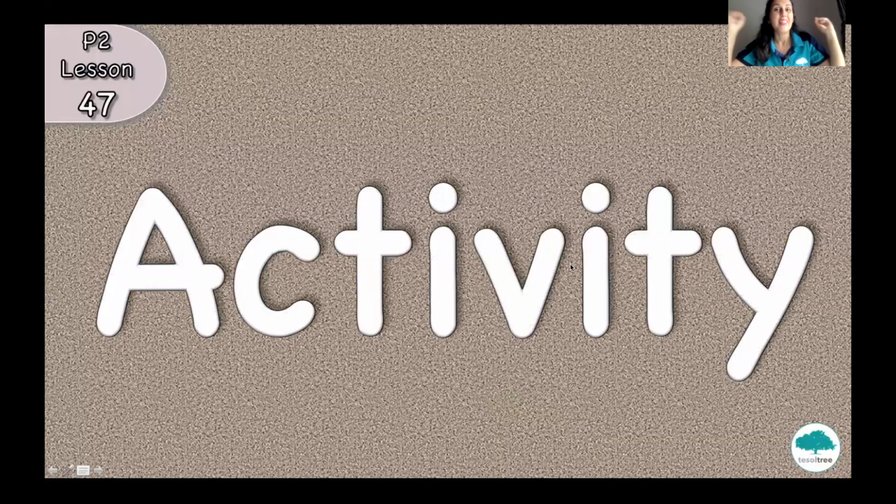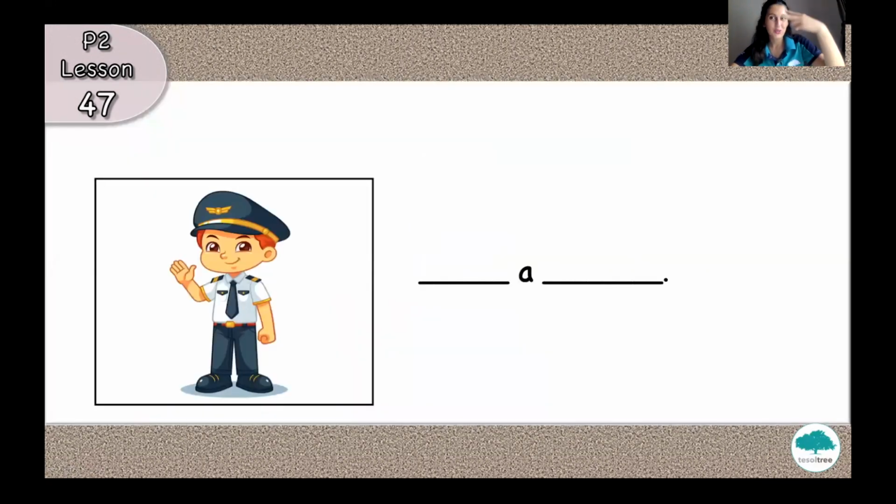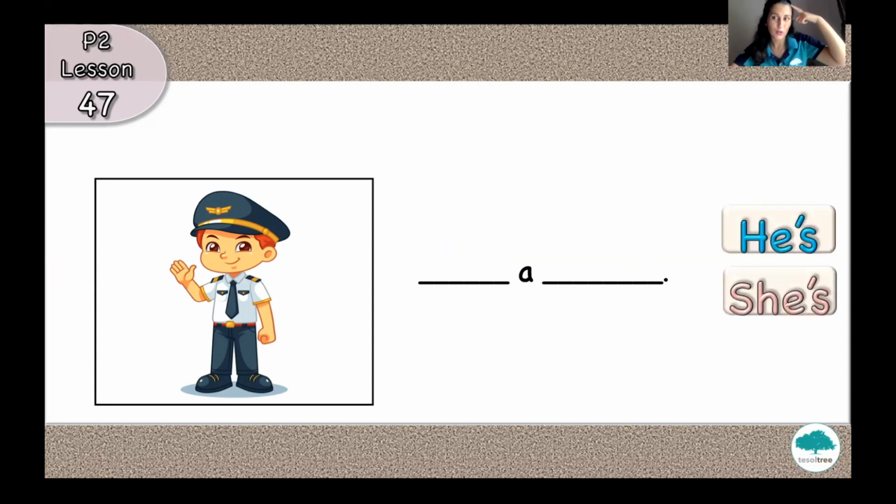And now let's do activity together. I will help you. So we have to look at the picture and to think what to choose, he's or she's. Can you tell me? Let's have a look. We can see a man. So it means that we use he's.